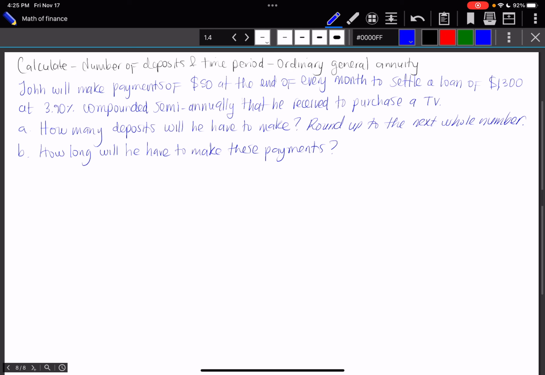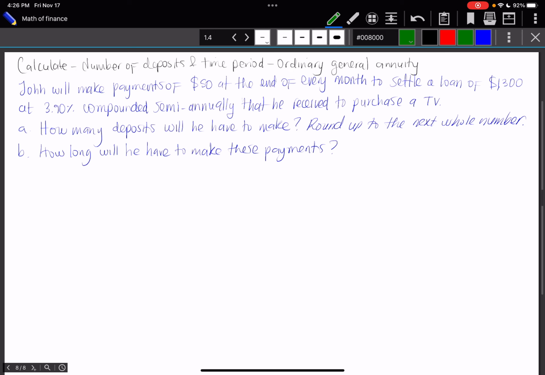Okay, to work with this problem, it's important to recognize that we're working with an annuity. And this annuity is an ordinary general annuity because payments are made at the end of every term, and because the payment term here is monthly, while interest is compounded semi-annually.